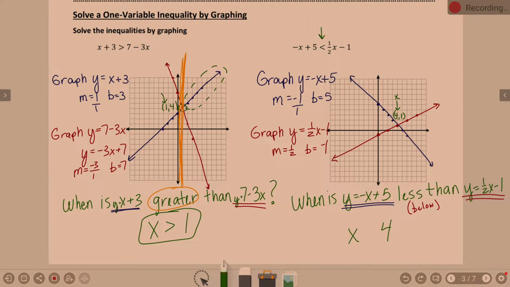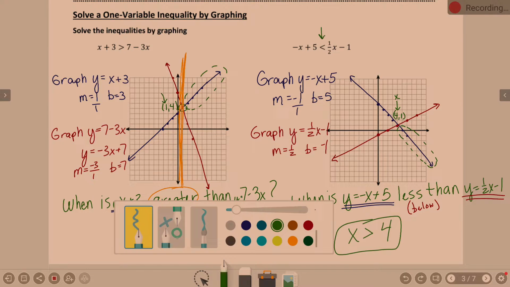Okay. My blue line is below, it's less than my red line after you cross through 4. And so that means this answer is x greater than 4 because it's after you cross through 4.